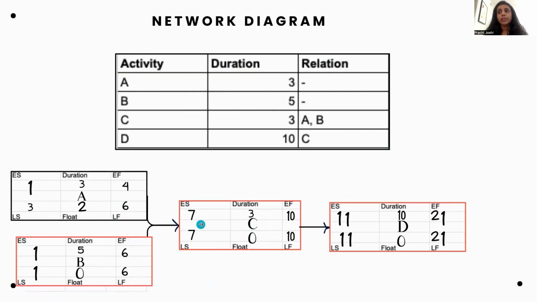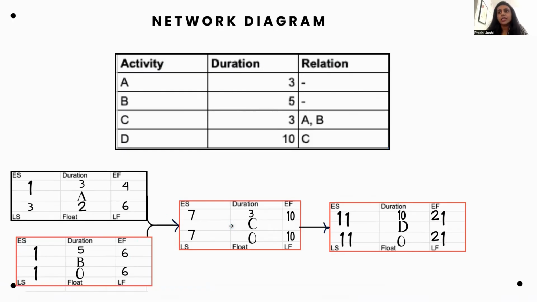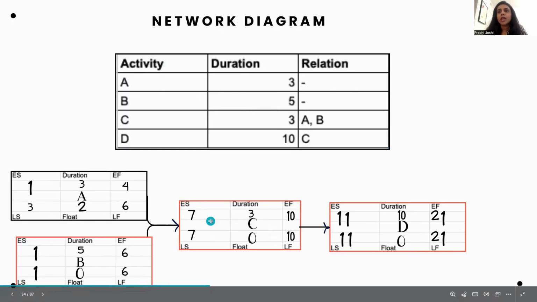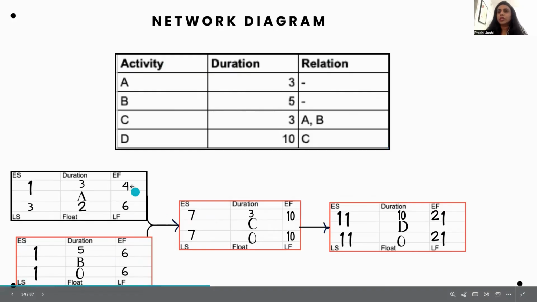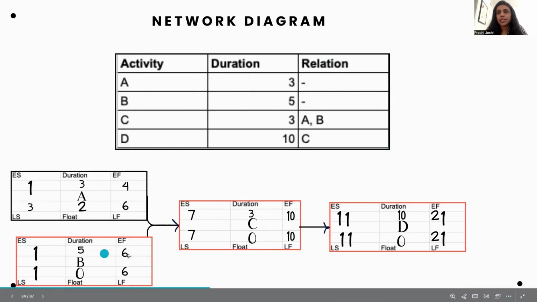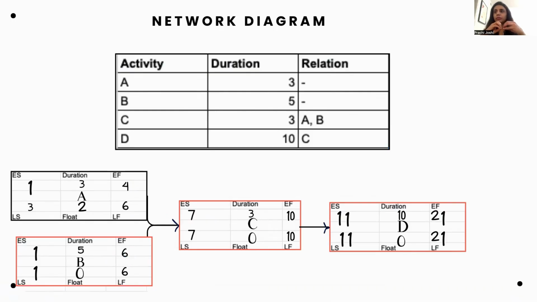Since activity C is dependent on A and B to complete, if either one is not completed, you cannot start activity C. Hence, you will at least have to start on the 6th day if A and B both are completed. So here, as per the diagram, you see on the 6th day, you'll finish off task B as well. So take the number which is higher, 4 or 6, for the predecessor activity. So 6 is higher, so we take 6, since on the 6th day B activity is going to be completed.